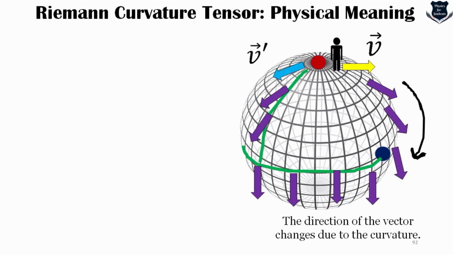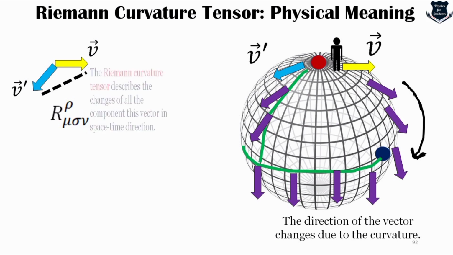Now if I take this new vector d prime and the original vector d, and I try to measure the difference, this is the original and the changed vector. This is what the Riemann curvature tensor does.